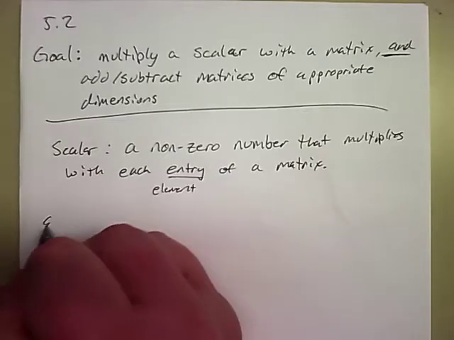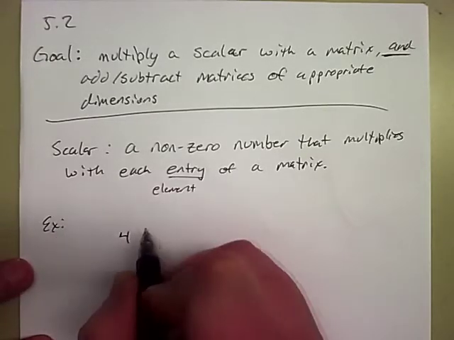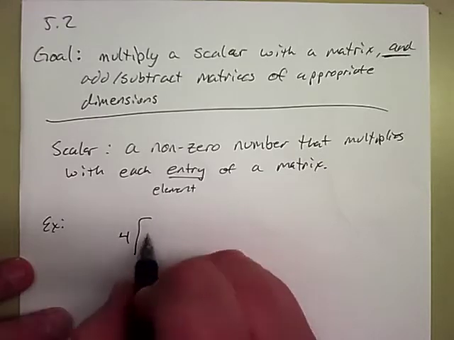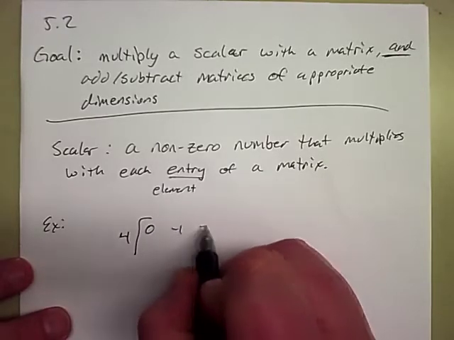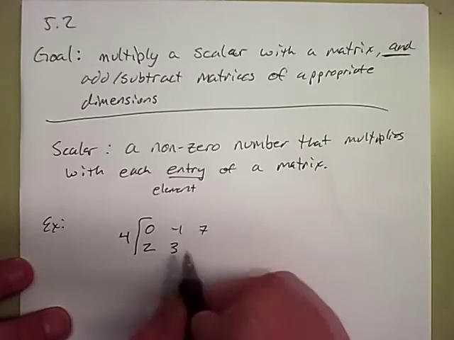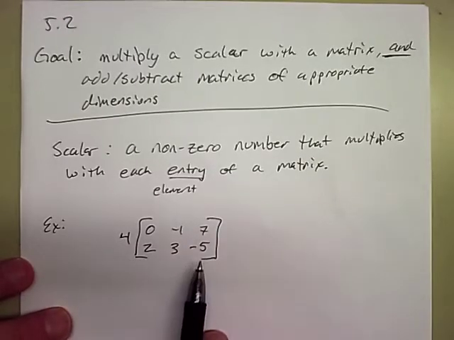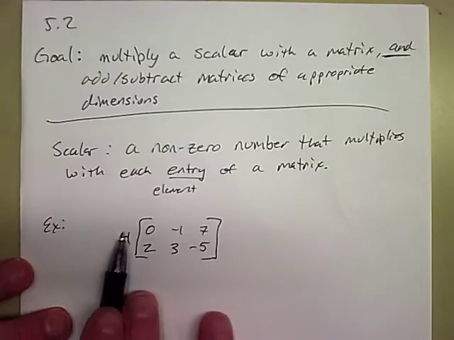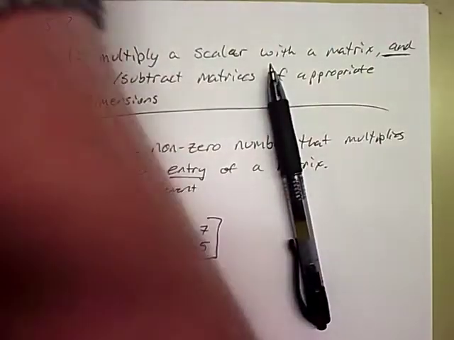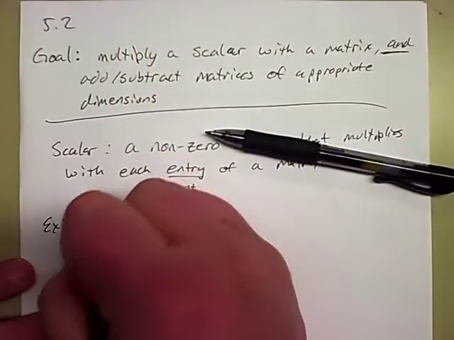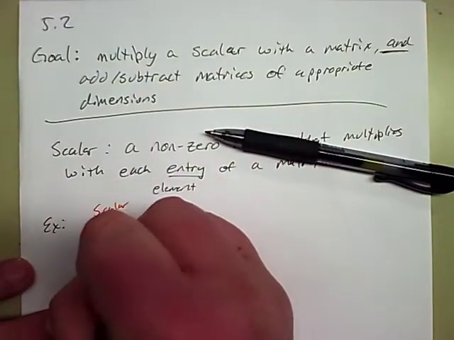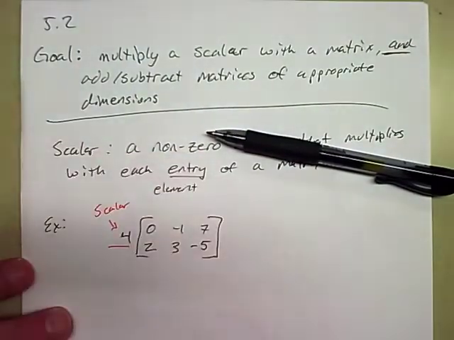So for an example, let's do 4, and then let's multiply that with the matrix 0, -1, 7, 2, 3, -5. All right, so here we have a scalar. The scalar in this instance is the number 4. It is going to scale the matrix.